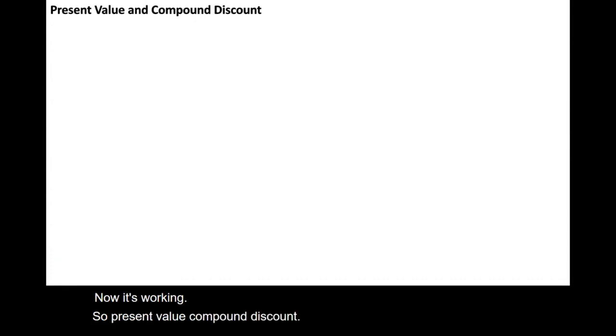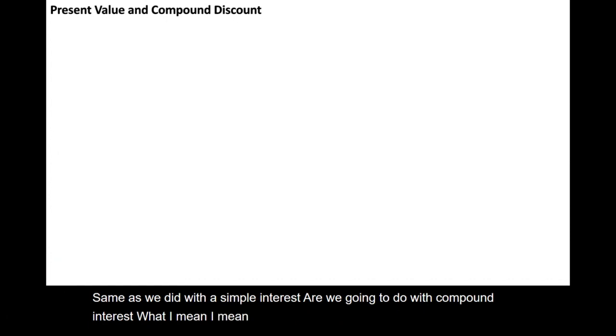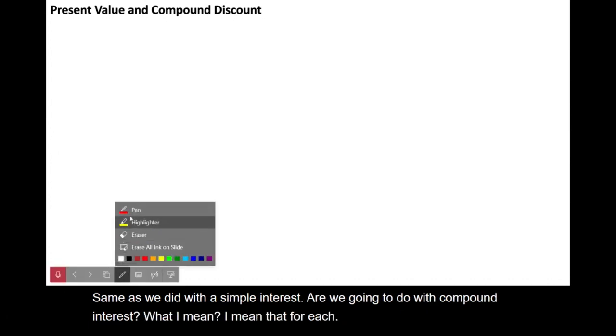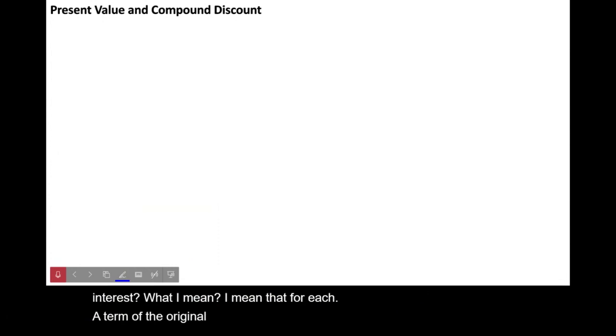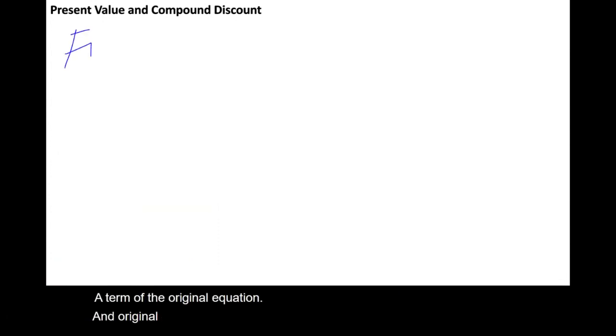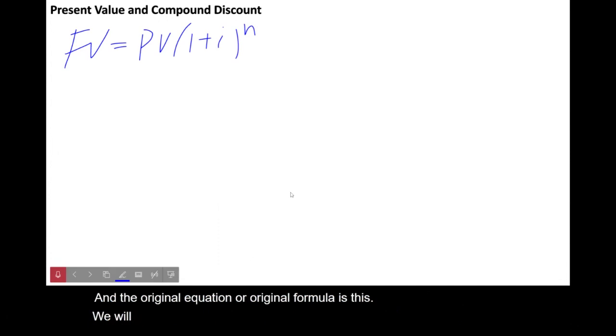So, present value compound discount. Same as we did with simple interest, we're going to do with compound interest. What I mean is that for each term of the original formula, we will find its own formula.